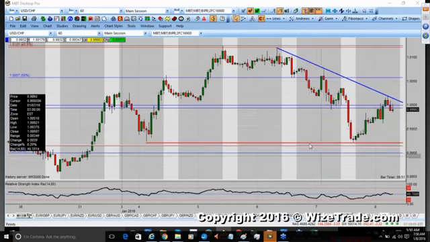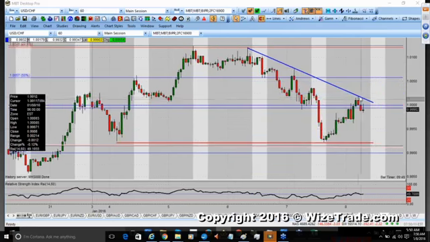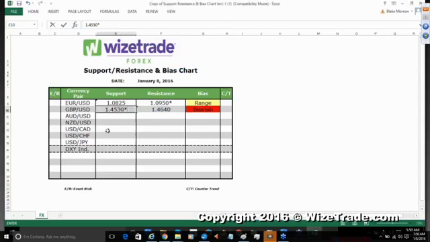So 1.0020, 99.20. I didn't like it when we dipped all the way down there. I was like, holy crap. That'd be pretty key resistance on the way back up. And we are in a range environment.